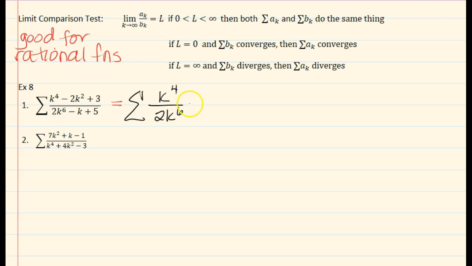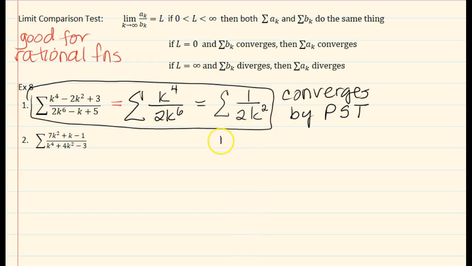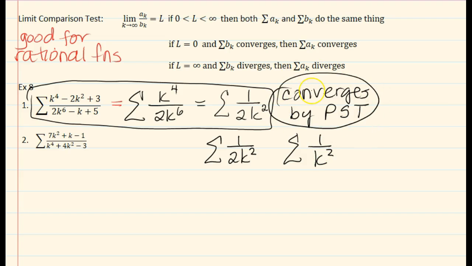We're going to say that our series actually equals 1 over 2k squared. Let's choose that our original series can be represented by 1 over 2k squared, and that the one we want to compare to is 1 over k squared. And we know it converges by the p-series test.